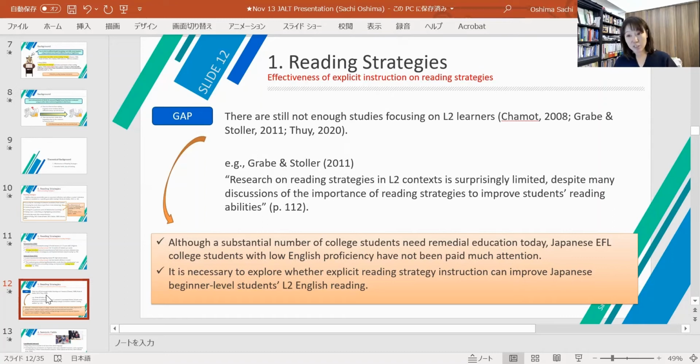Above all, despite the substantial number of college students who need remedial education today, Japanese EFL college students with low English proficiency have not been paid much attention. Thus, it is necessary to explore whether explicit reading strategy instruction can improve Japanese beginner level students' L2 English reading.